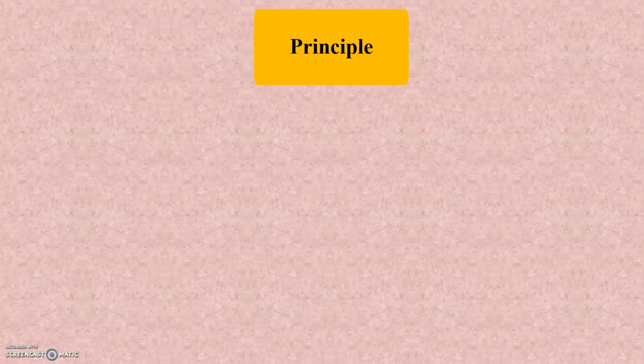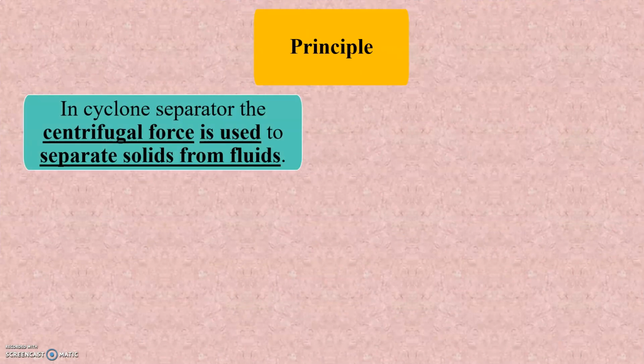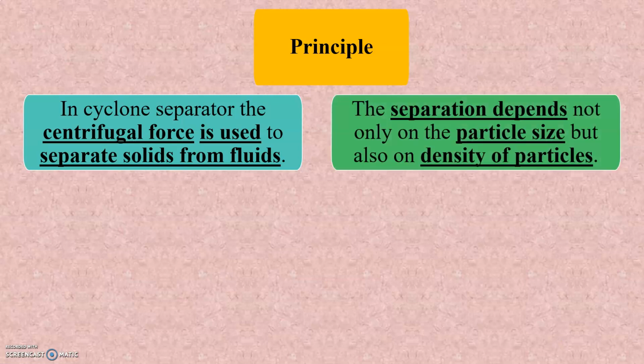Now let us see the principle of cyclone separator. In cyclone separator, the centrifugal force is used to separate solids from fluids. The separation depends not only on the particle size but also on density of particles.